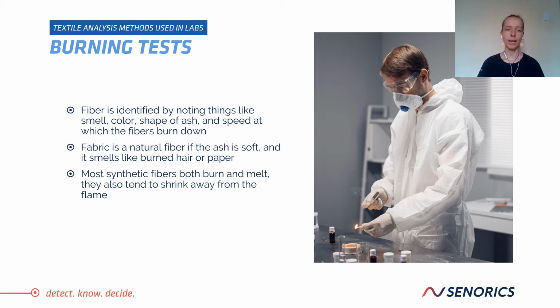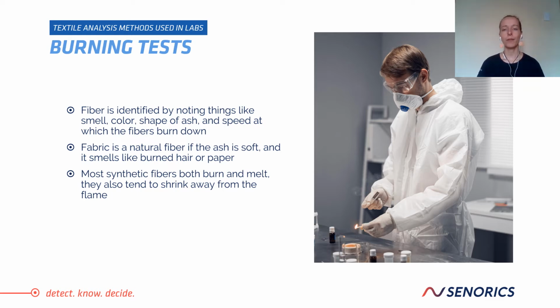So during burning tests, the fiber is identified by noting things like the smell, the color, the shape of the ash, and the speed at which the fibers burn down. As every fiber behaves differently, this is a fairly simple and very reliable way of testing textiles. Did you know cotton fibers, when burned, smell like burning paper?